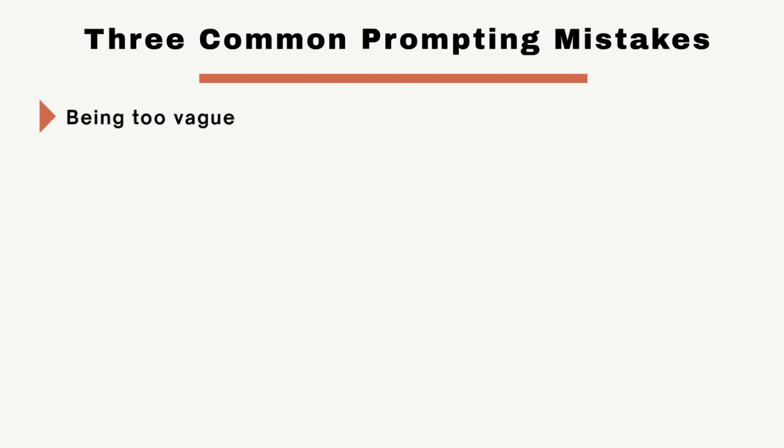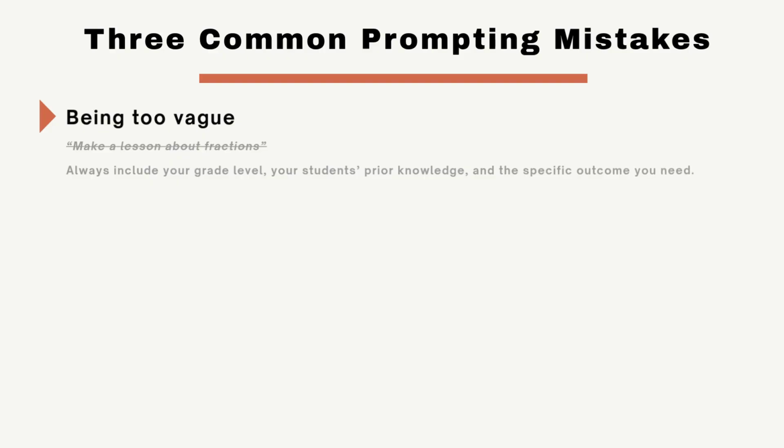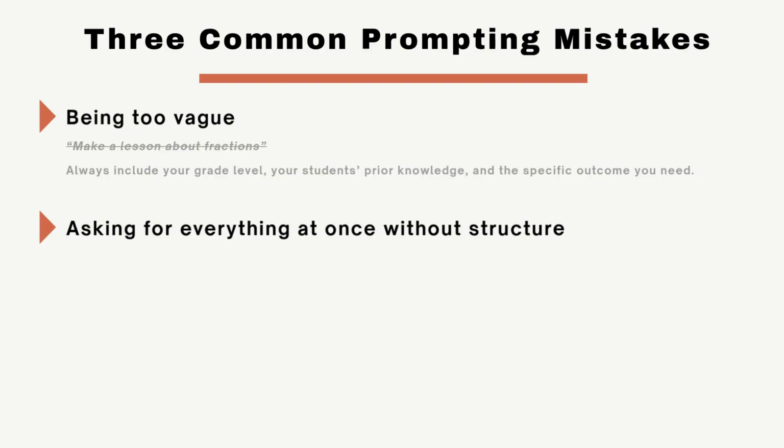For example, they write prompts like "make a lesson about fractions," which gives Claude nothing to work with. So what I advise is to always include your grade level, your students' prior knowledge, and the specific outcome you need.